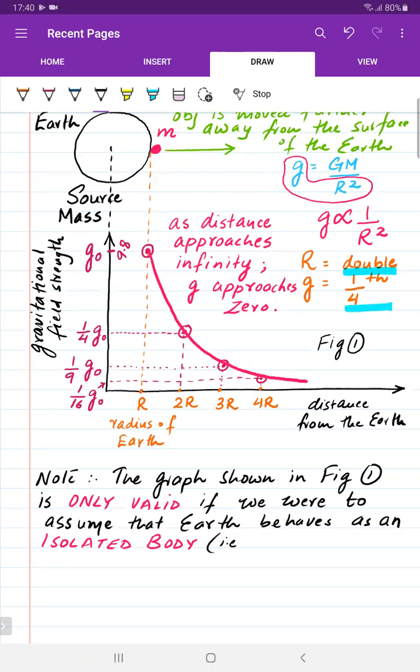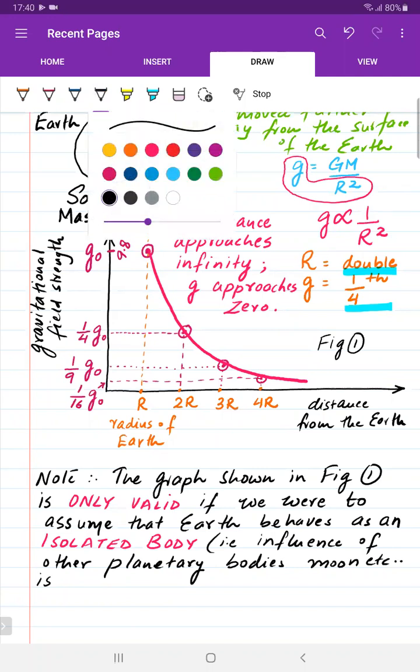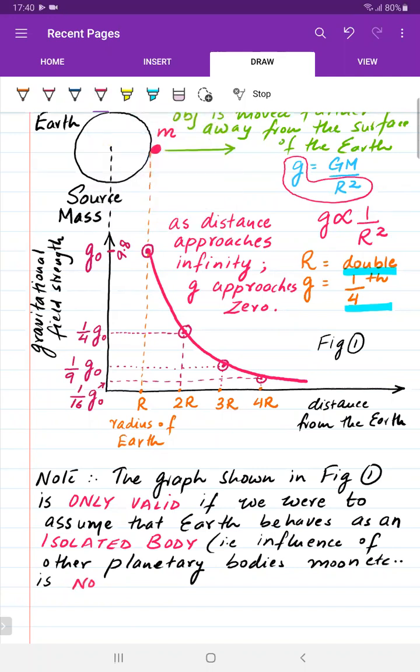That is, influence of other planetary bodies, ठीक है, moon etc., is not taken into account.